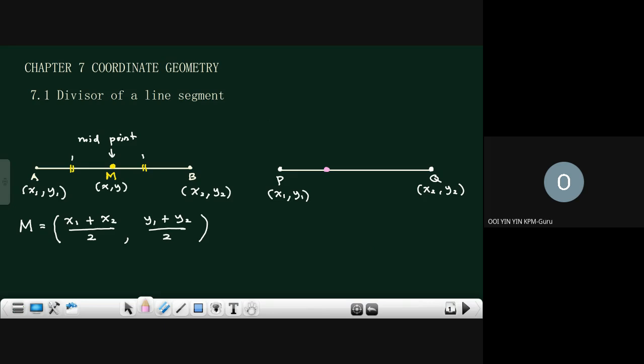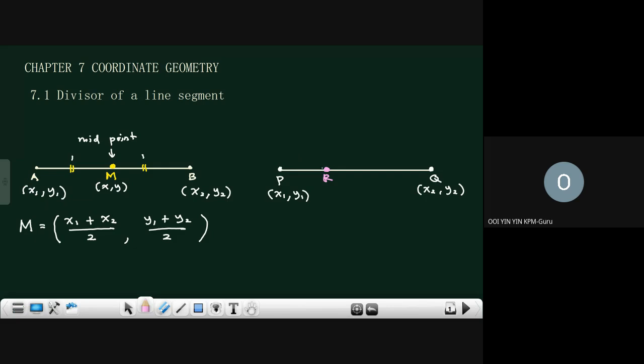Let's say I say is point R, maybe. Okay, your point R. This is just an alphabet or whatever point that you want to label, so never mind. And then since it's not the center, there will be a ratio that divides these two points.